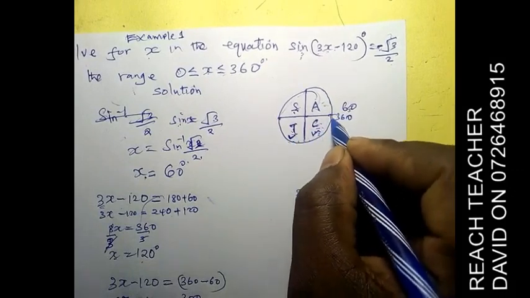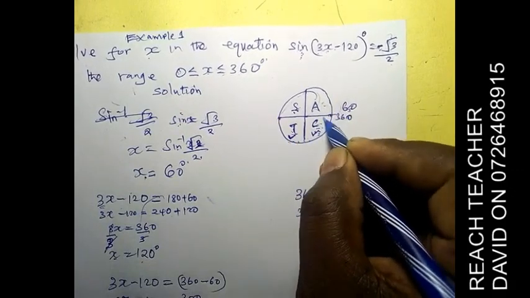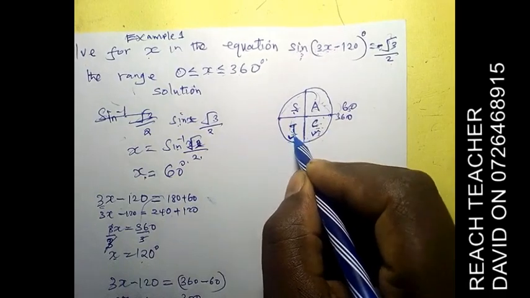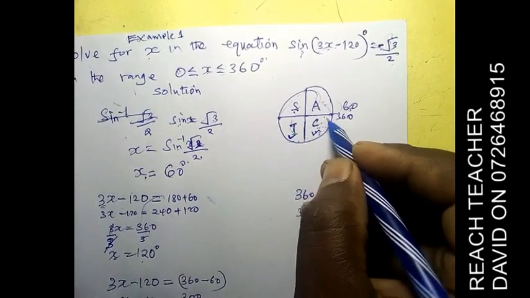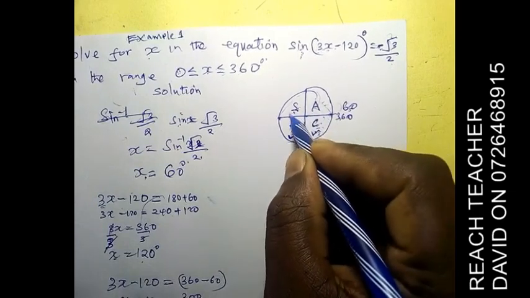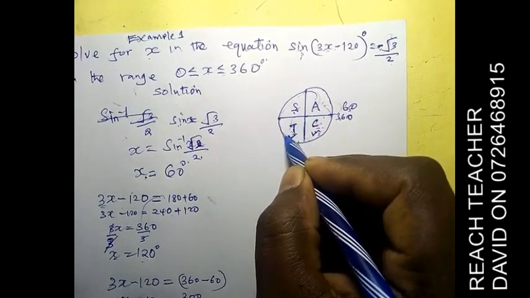So once we have reached here, we have 360 plus 240. Yes, that is 360 plus 180 plus 60.